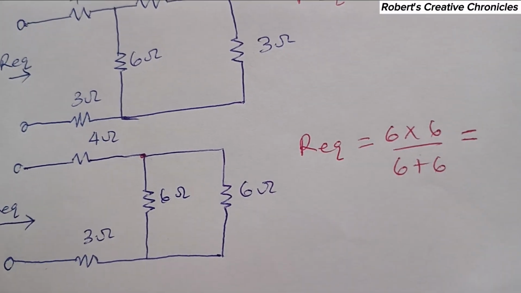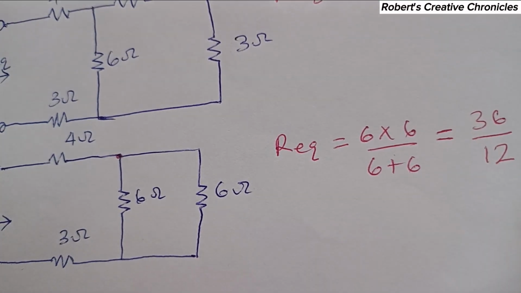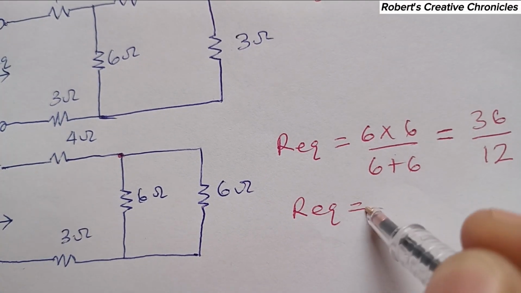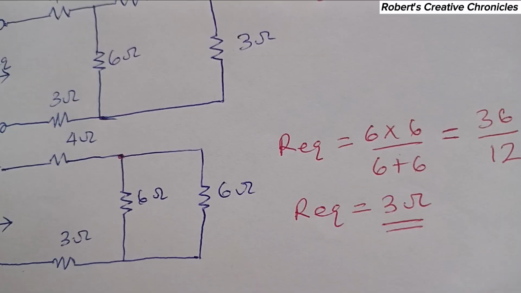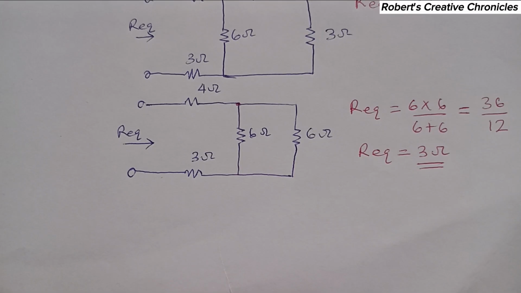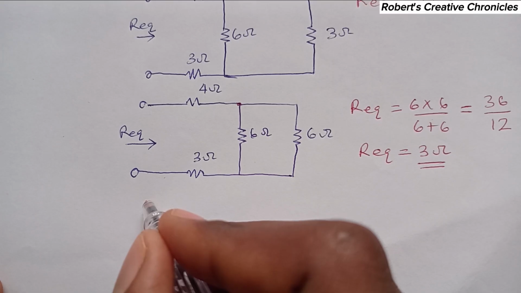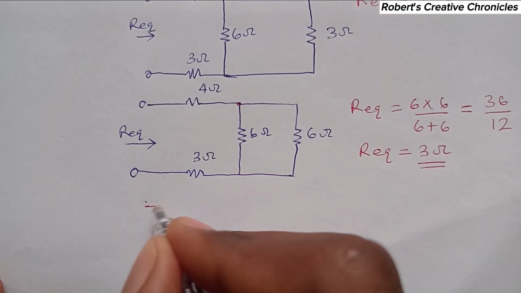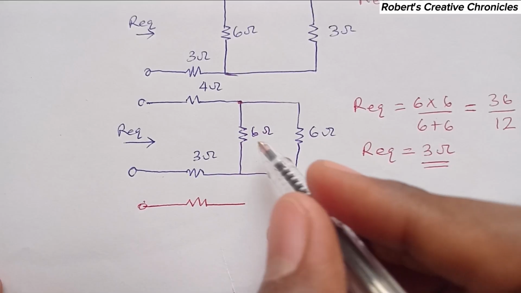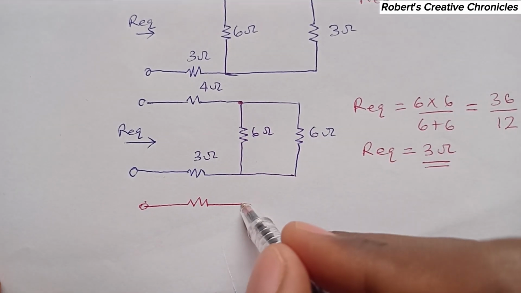So this becomes 36 over 12. 36 divided by 12 is 3 ohms. And then finally, I'll redraw the circuit. So these 2 resistors, the equivalent resistance is 3 ohms.